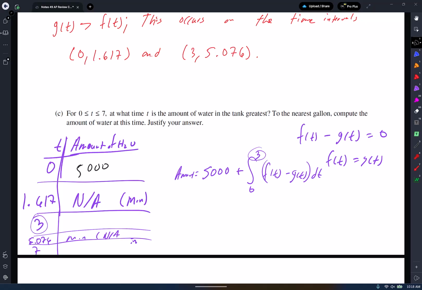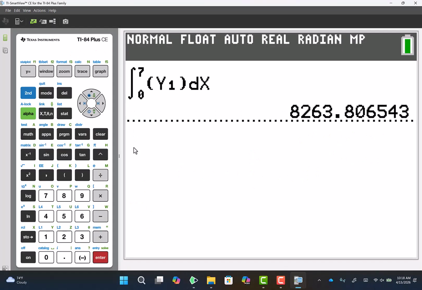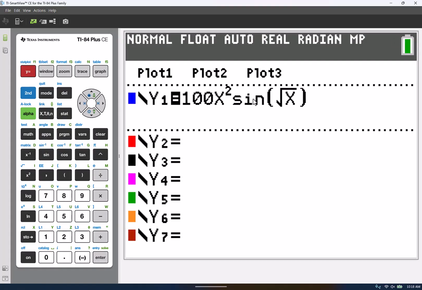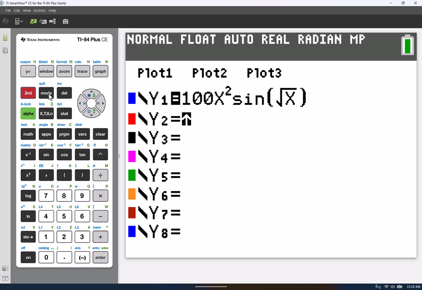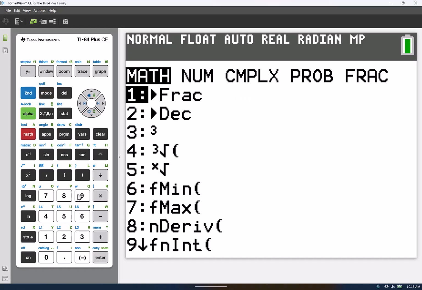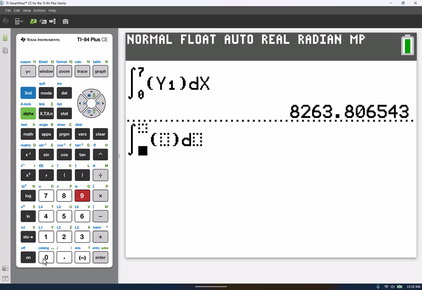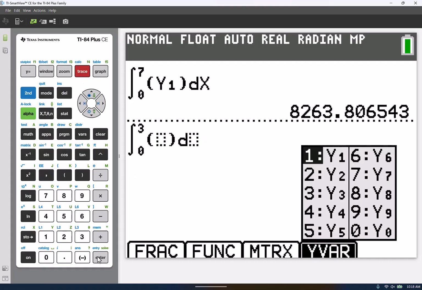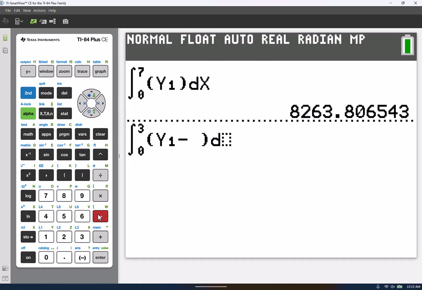So take your calculator. Did I put F of T in here, guys? Okay. I can just type it, the other one. So I'm going to go math, number 9, from 0 to 3 of, alpha trace, Y1 minus 250. That's a rate, x.